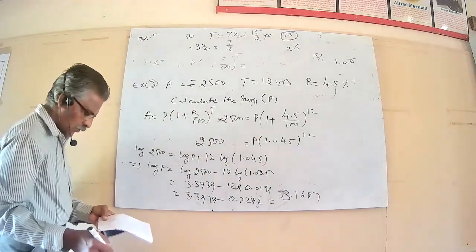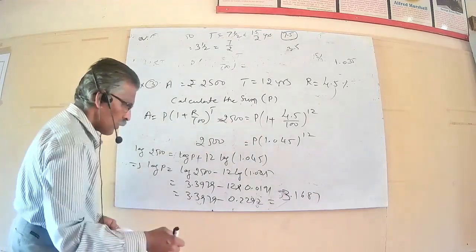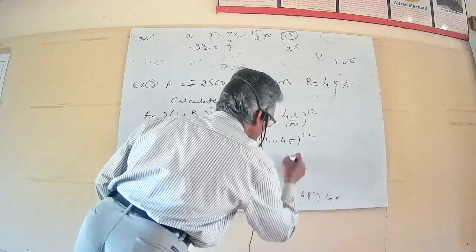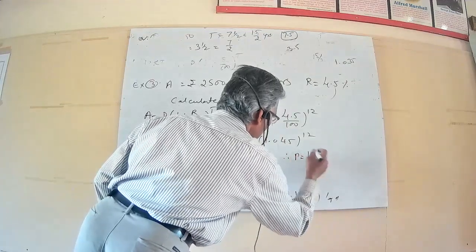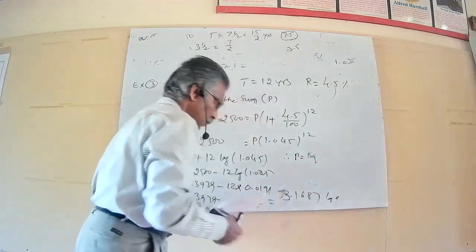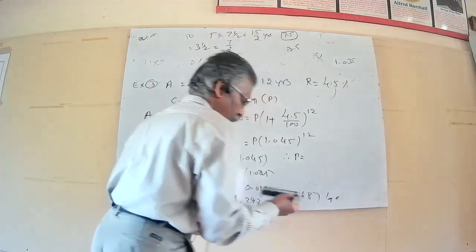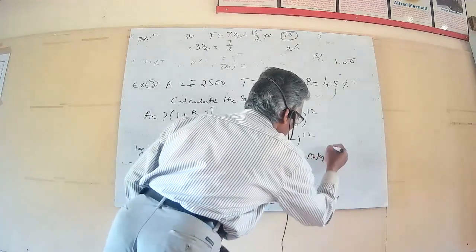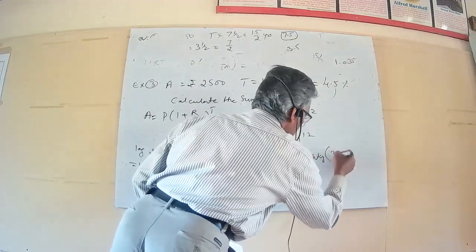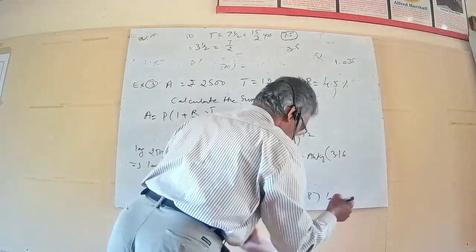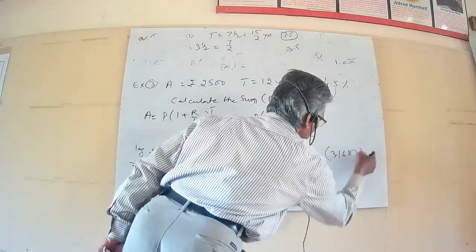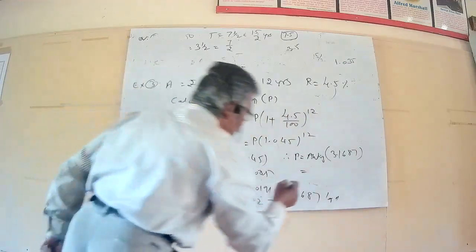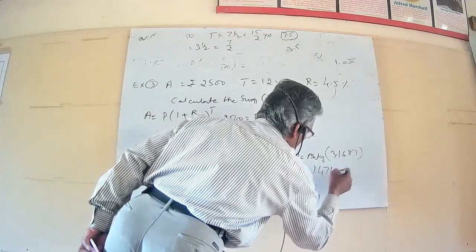So this equals log of P. Therefore P equals the antilog of 3.1687, which is 1474.